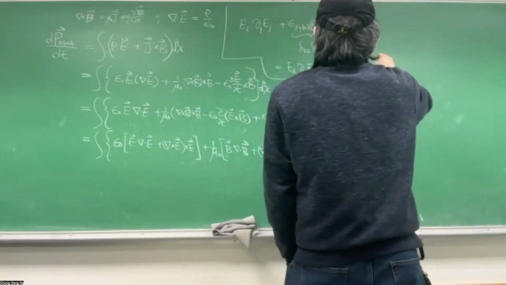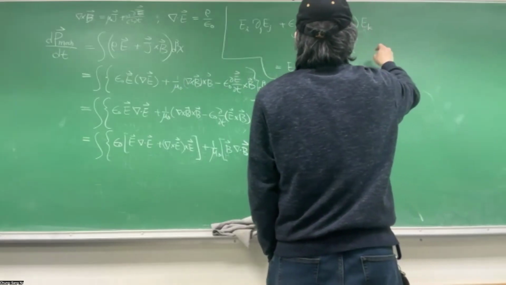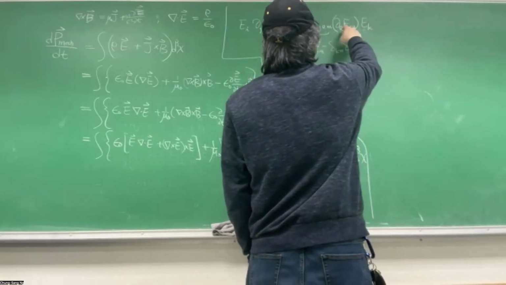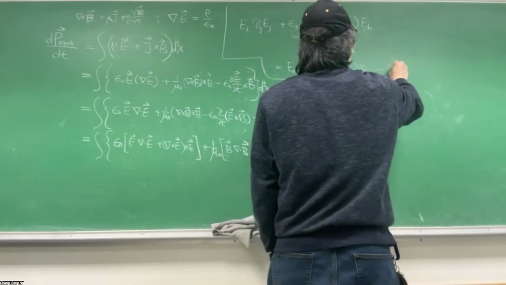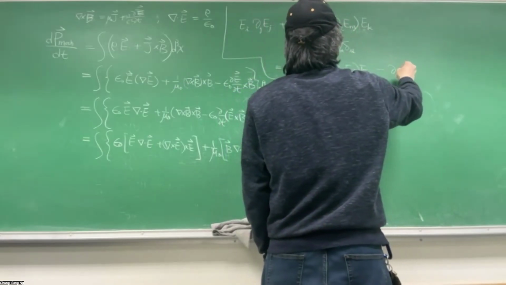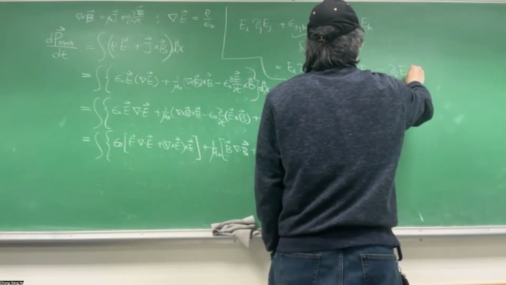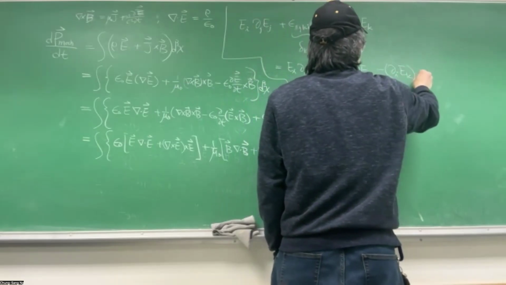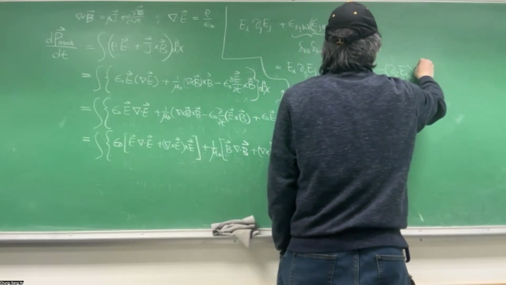And then the second term is the other way around. l becomes i, and m will become k. And then you have k.